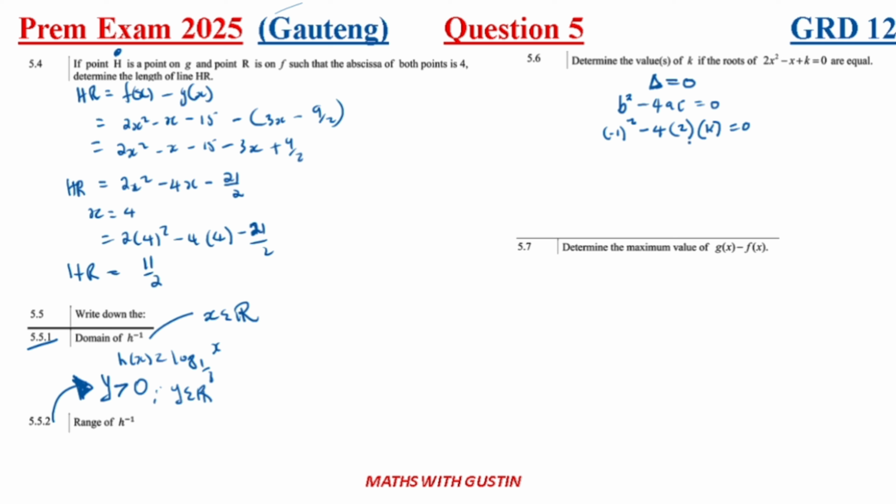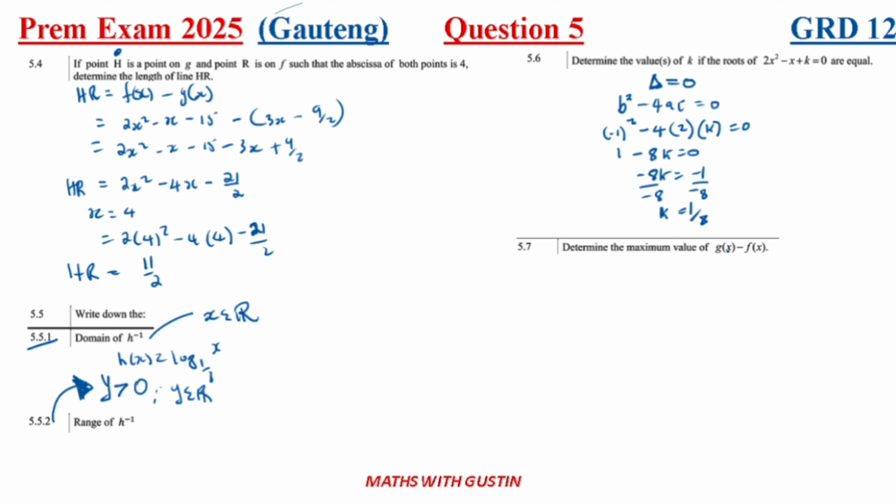So 1 minus 8k is equal to 0, and then therefore we take 1 to the other side, divided by negative 8, therefore k will have to be 1 over 8. Great stuff. So with that said, let's move on to 5.7.